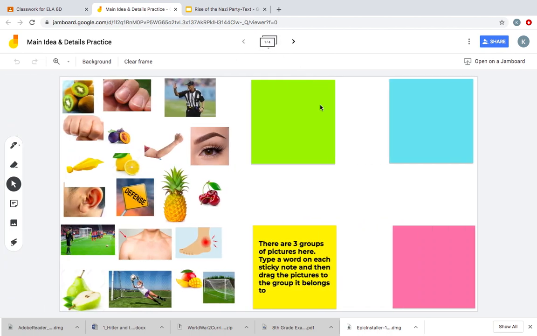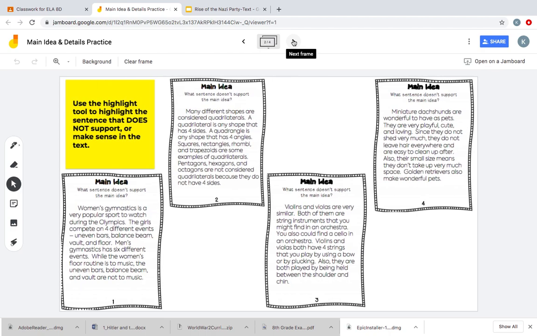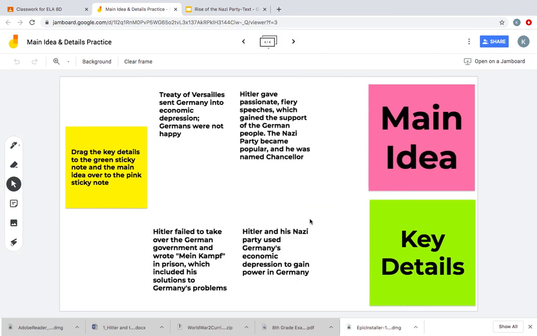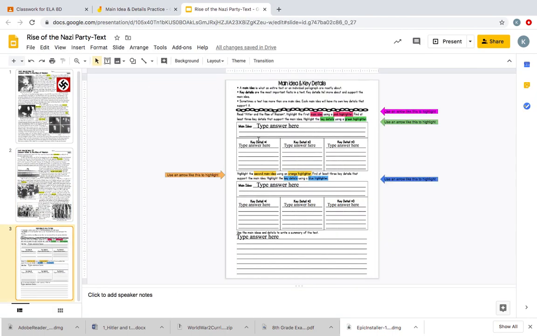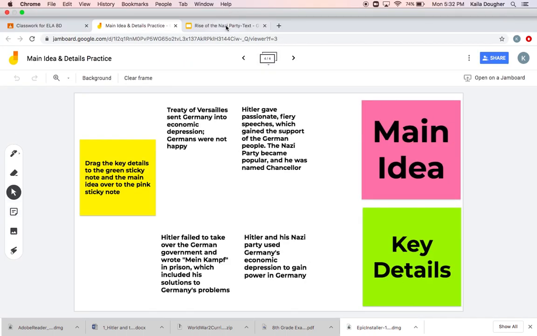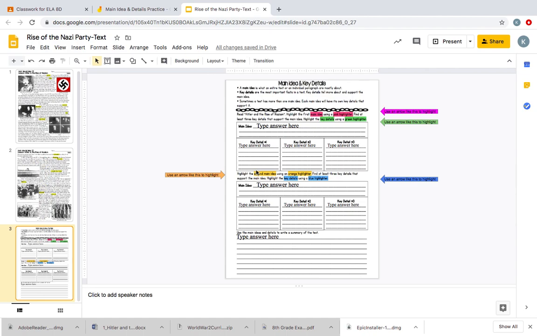It starts off with a very simple idea of main idea and detail, and then it gets a little more advanced as we go, and then on the last page, I give examples of this first main idea and the 3 details.